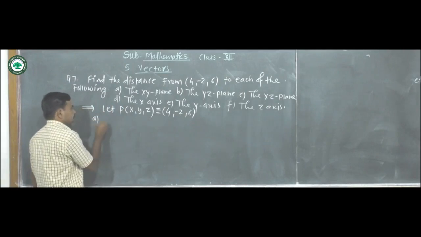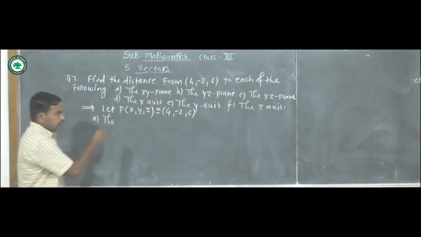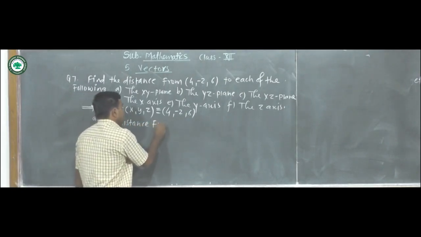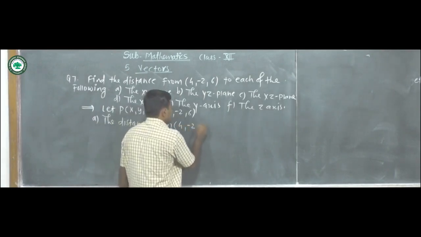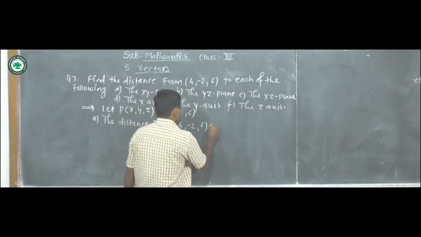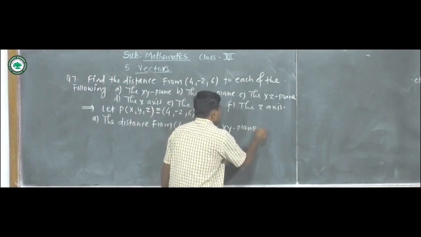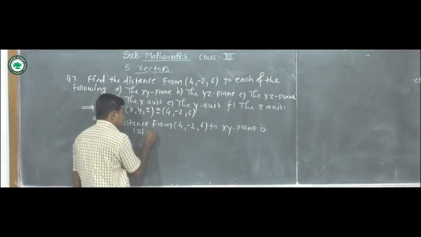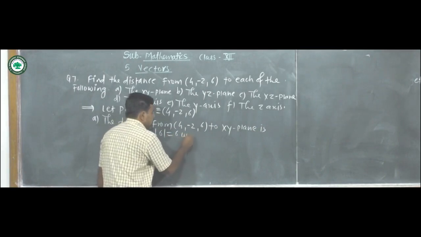So first, the distance from 4, minus 2, 6 to XY plane is modulus of Z, and that is equal to modulus of 6, and it is equal to 6 units.